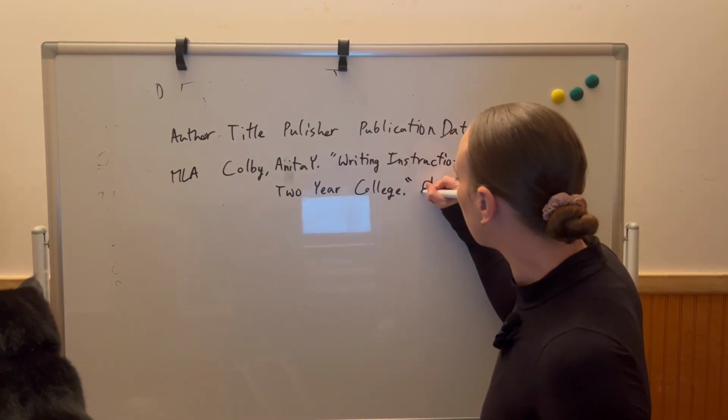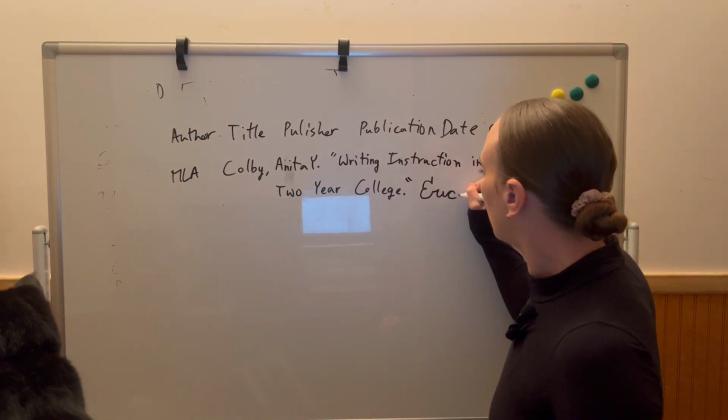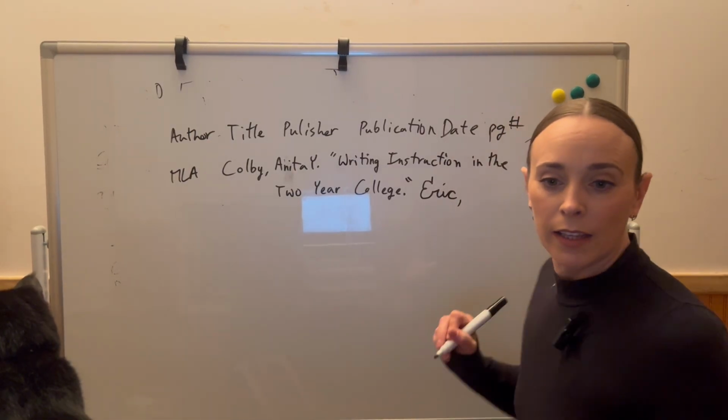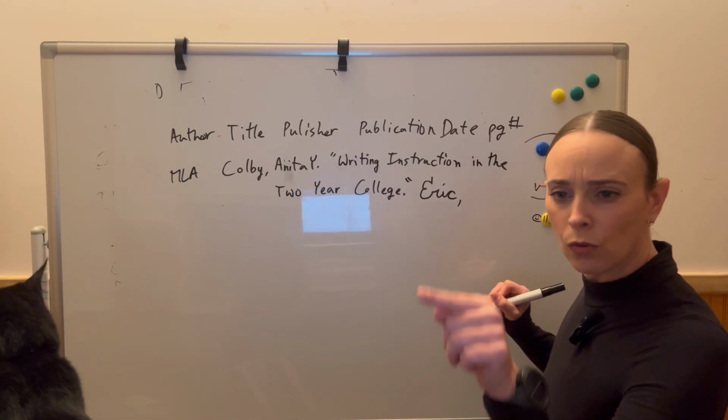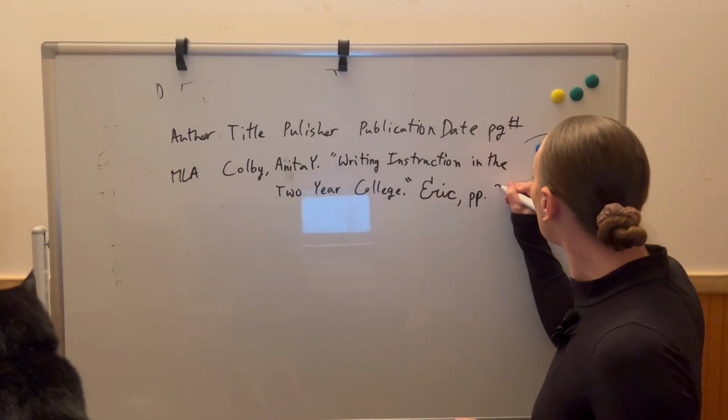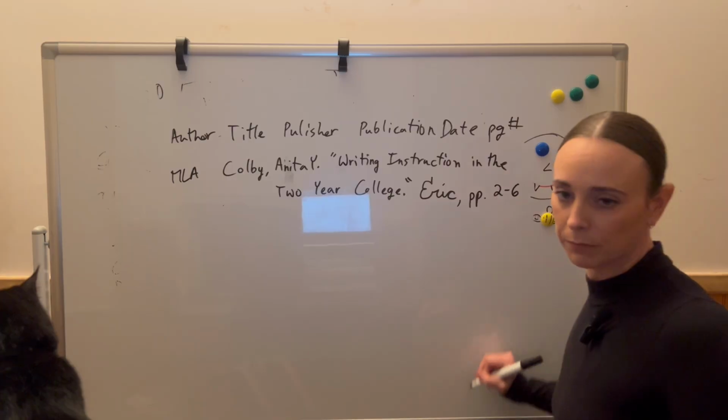Forgot my caps. The publisher would be in italics. So Eric, comma, and then the page number. So for MLA, it'd be pp. 2 through 6.